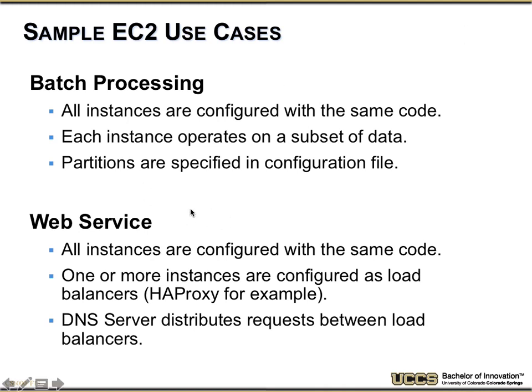So those are all very simple. If I do it with web services, the DNS servers automatically distribute requests between the load balancers, so that literally if I ask for www.uccs.edu, that actually gets rerouted into Amazon, and it's one of n machines where n depends on how many people are hitting www.uccs.edu.